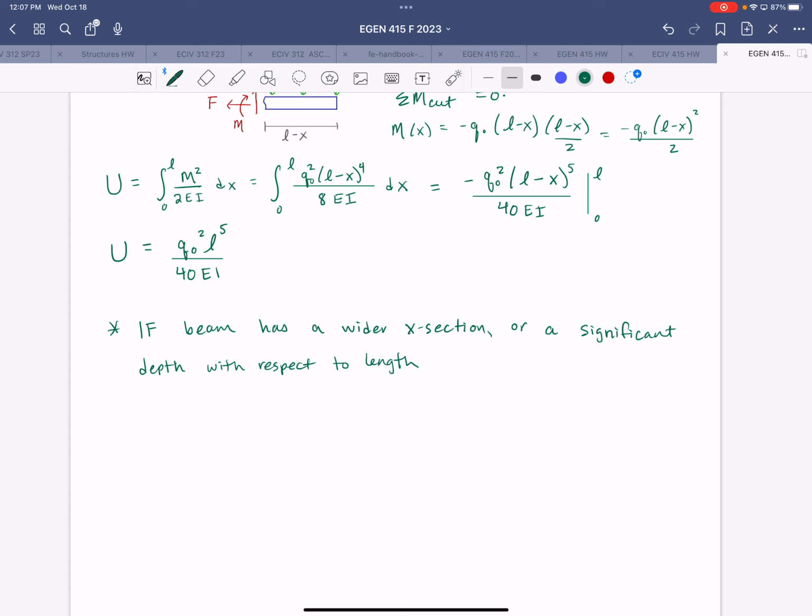So that doesn't mean a larger depth than the length, but just more significant. The way it's sketched now, it's pretty long and slender with respect to depth and length, so it's reasonable to neglect shear, but otherwise you would need to account for shear.